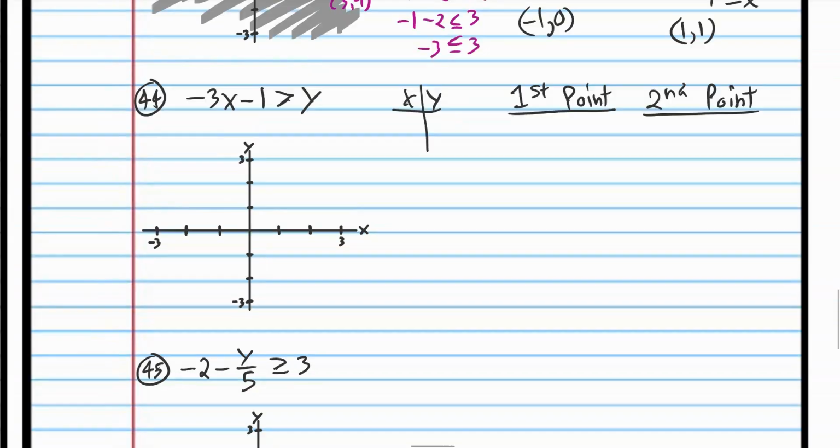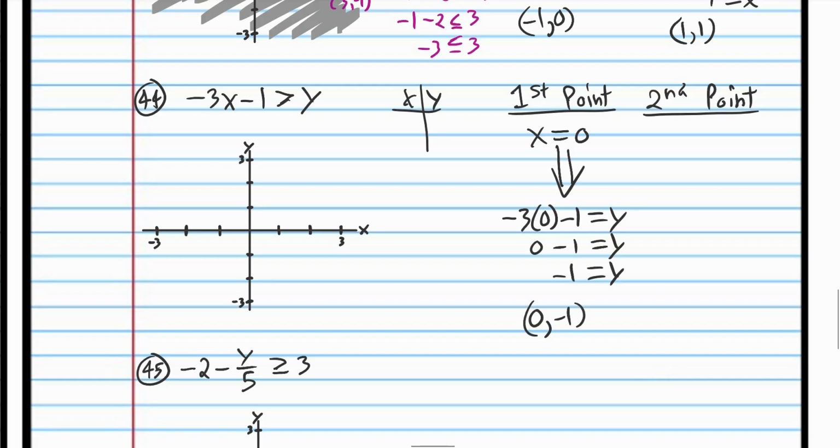All right, we're back. So y is isolated, which means it's easier to choose an x value first. So let's choose x is 0. And we have y is equal to negative 1. So the point is 0, negative 1. And now let's choose x is equal to, let's see, we want to stay in our window, so let's choose negative 1.